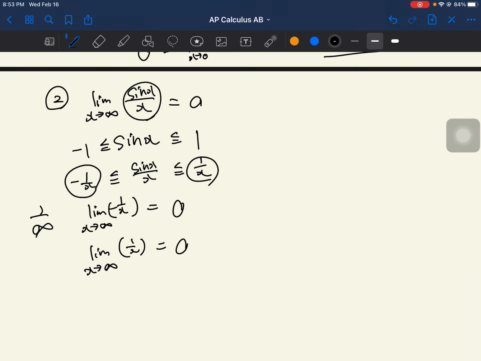So the limit as x approaches infinity of sine x over x is 0, based on the squeezing theorem. Now it's proven. Okay, that's all.